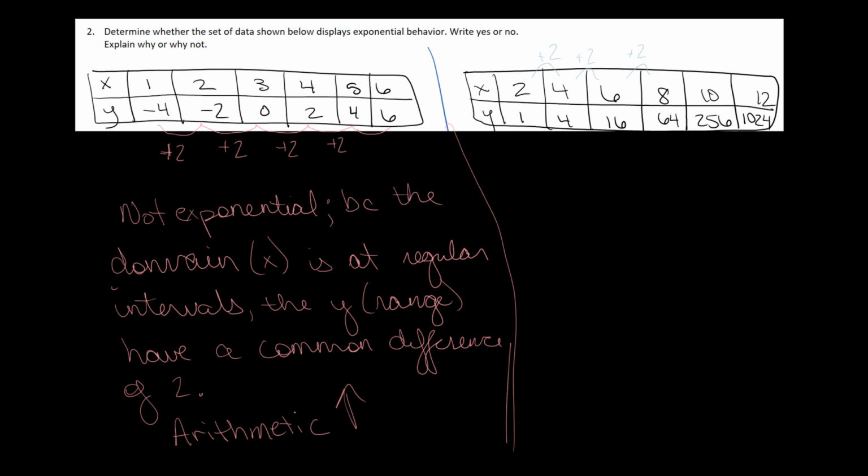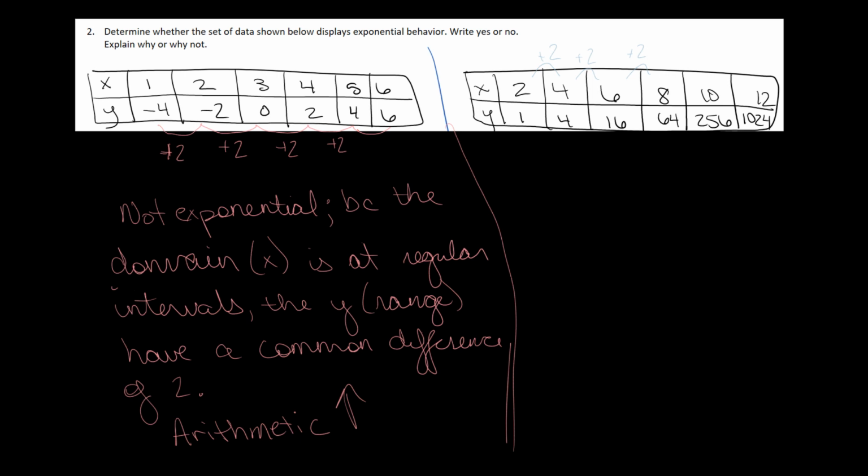You just want to make sure it's not like 1, 5, 15, 27. It needs to be at regular intervals. And then you're just looking at the y. So for it to be exponential, you want to make sure that the y is being multiplied by the same number each time, or it has a common ratio, okay?